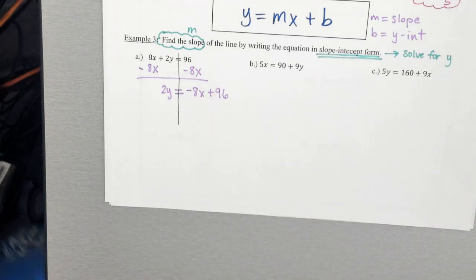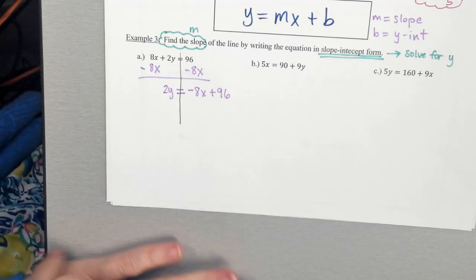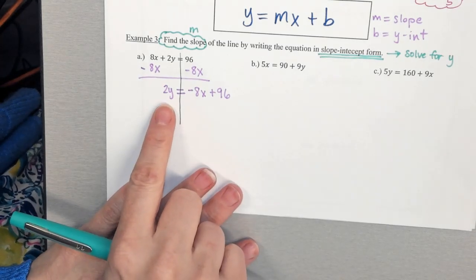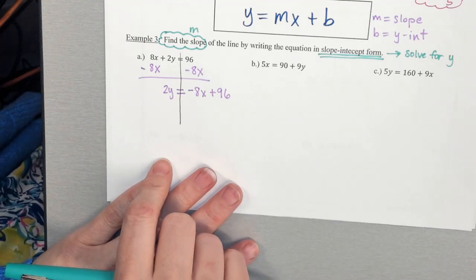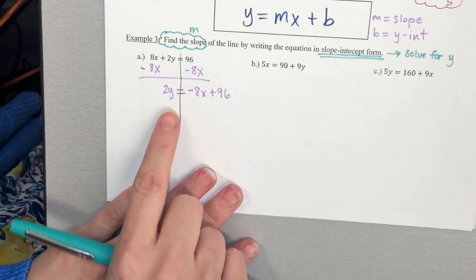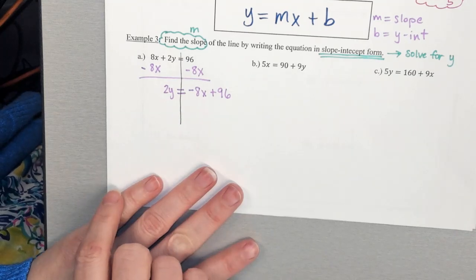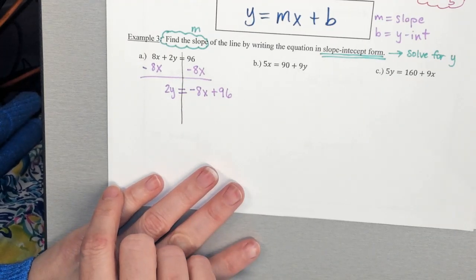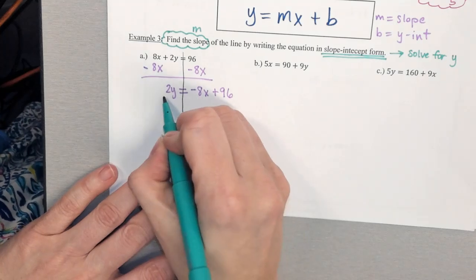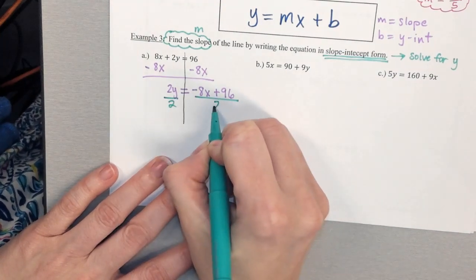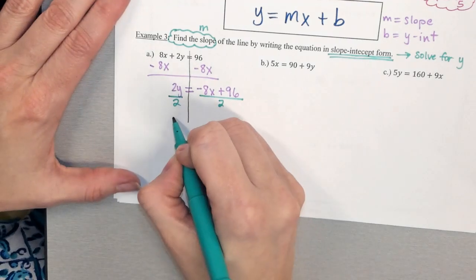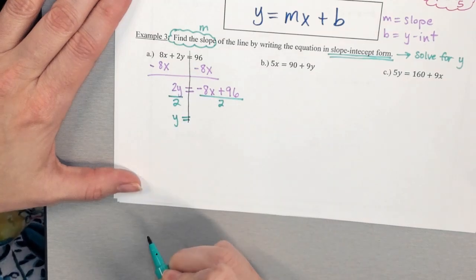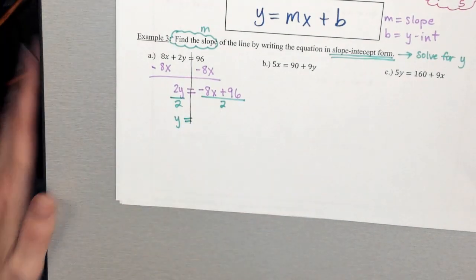All right, and then there's one more step to getting y by itself. I think some of you know what it is. Do you guys know what I have to do to just get y? What do I have to do? Jeremiah, how do I get y by itself here? Divide, yep. Okay, so we're going to divide everything by 2. So y is equal to, now we're going to divide these by 2.